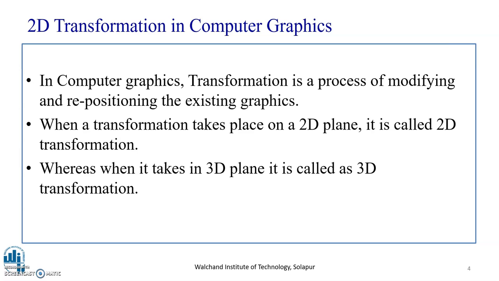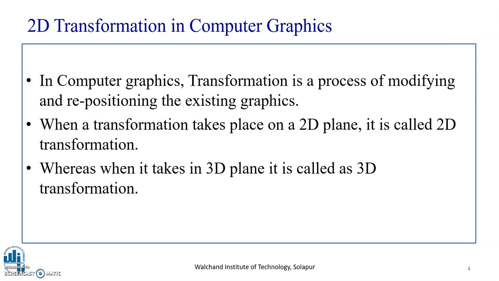As we have seen in the previous lecture on 2D transformation, there are several types of transformation in computer graphics. To name a few: translation, rotation, scaling, reflection, and shearing. What are these basically? Transformations are a process of modifying and repositioning the existing graphic.